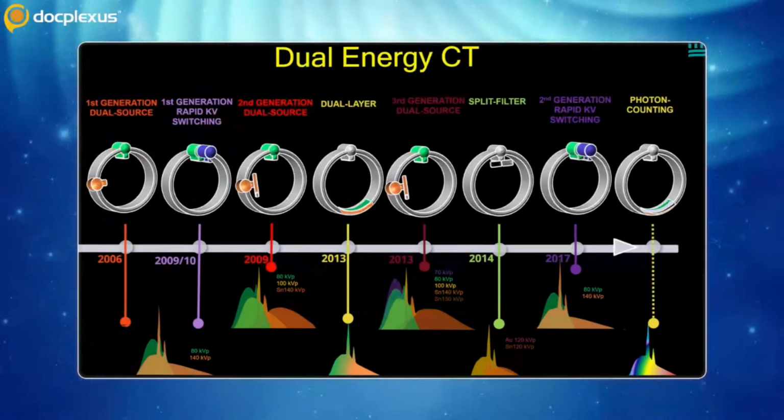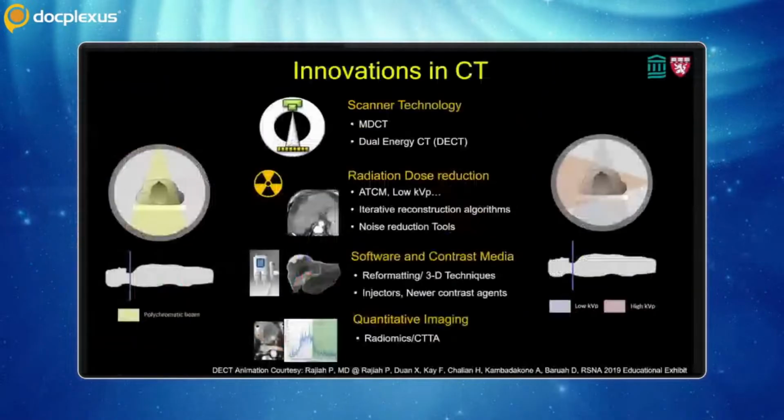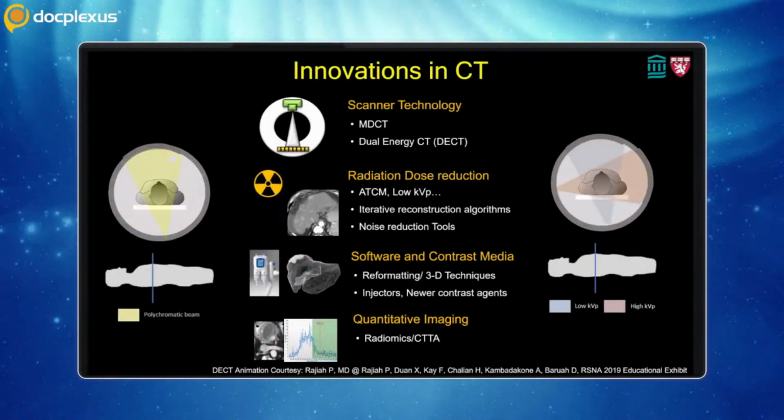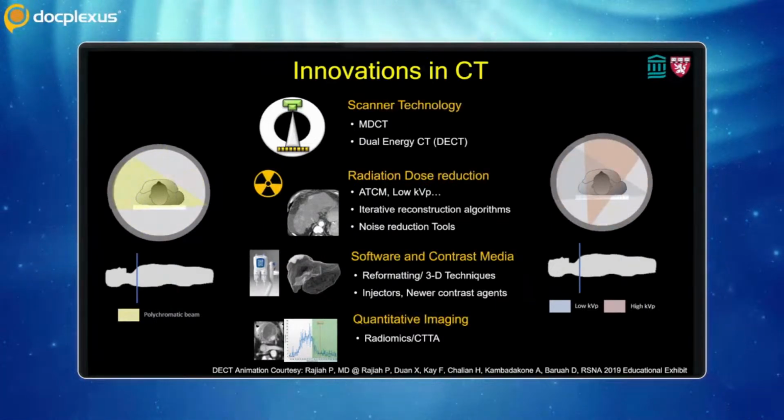These advances in CT scanner technology have provided the impetus for other phenomenal innovations in CT, including various dose reduction strategies, novel software algorithms, development of volumetric and 3D techniques, introduction of newer contrast media with better safety profile, along with the development of the fascinating field of quantitative imaging and AI.